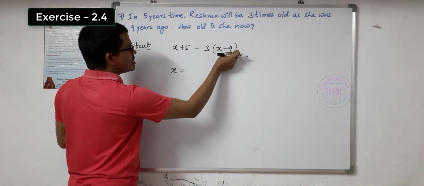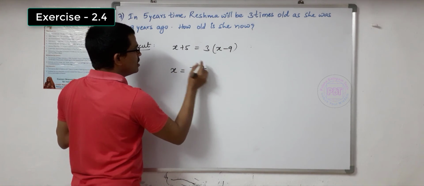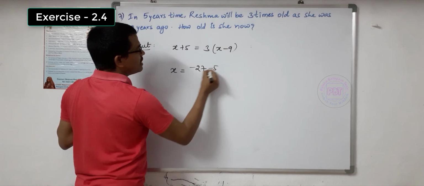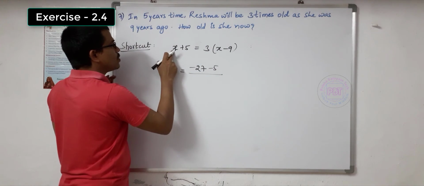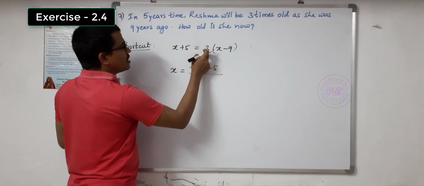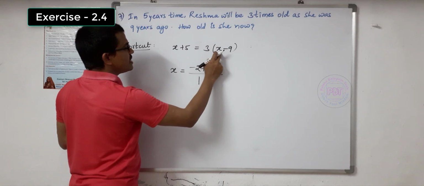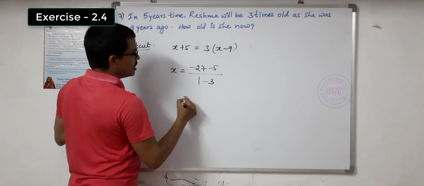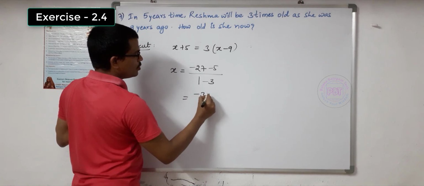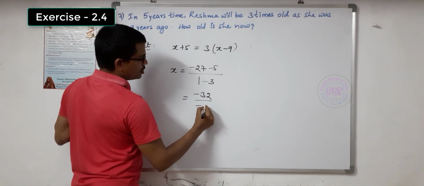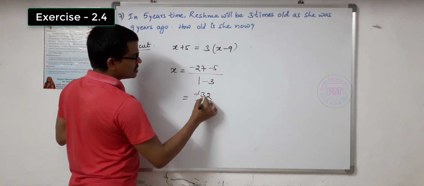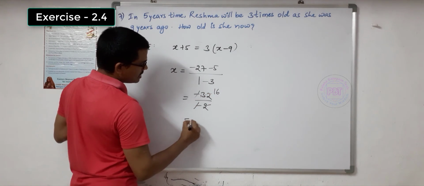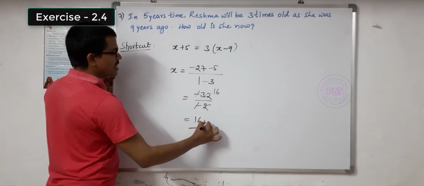Minus 9, 3 nines are 27, minus 27. Plus 5 becomes minus 5 in the transposition, by the coefficient of x. Here the coefficient of x is 1 minus 3 into x is 3x, so the coefficient becomes minus 2. Now minus 32 by minus 2, minus is cancelled. 2 sixteens are 32. Therefore, the present age of Reshma is 16 years.